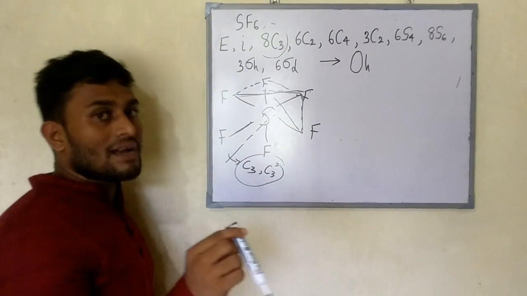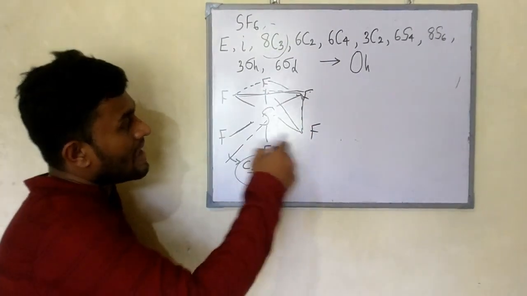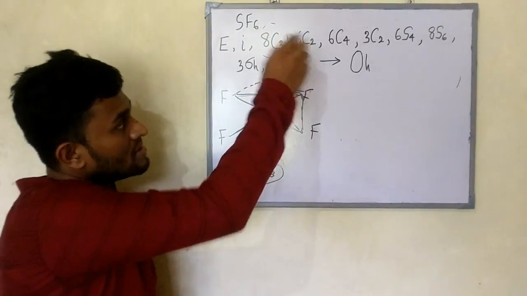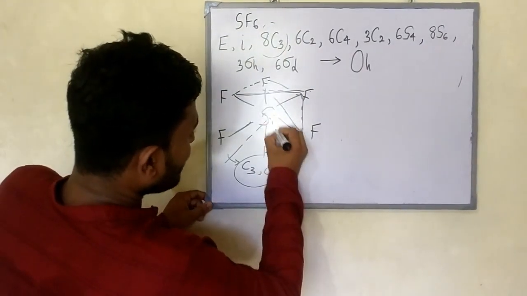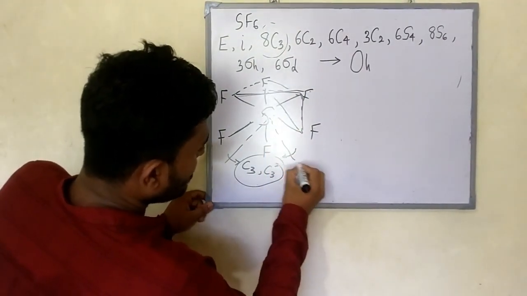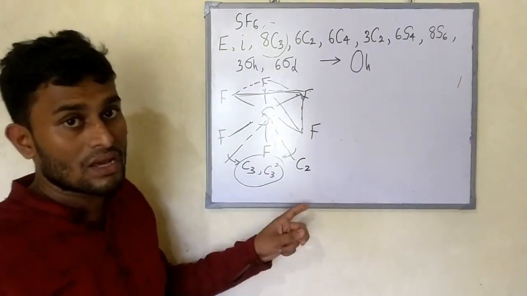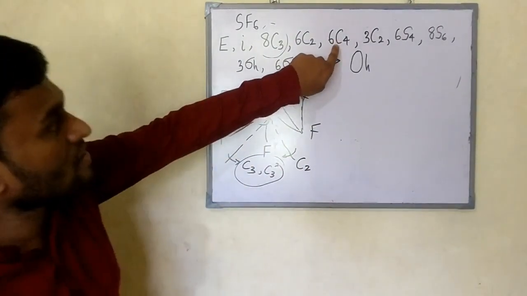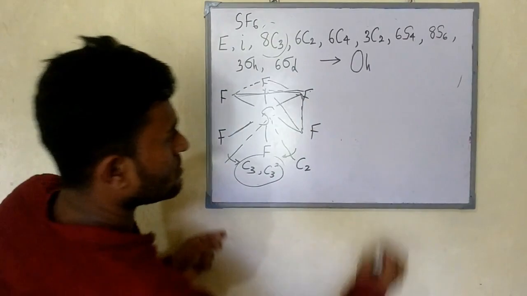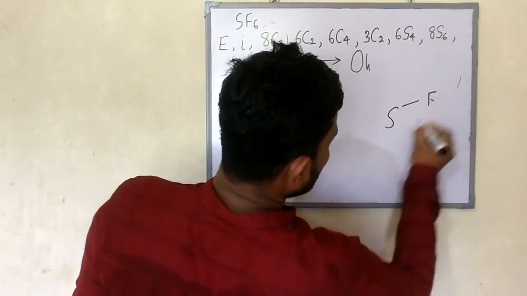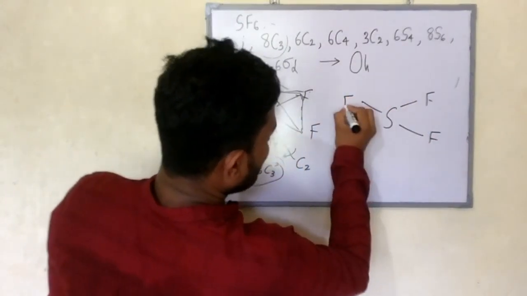Similar like that you have 6 axes, so you have 6 C2. Each and everything rotating through the middle. Then you have 6 C4. So this is SF6.